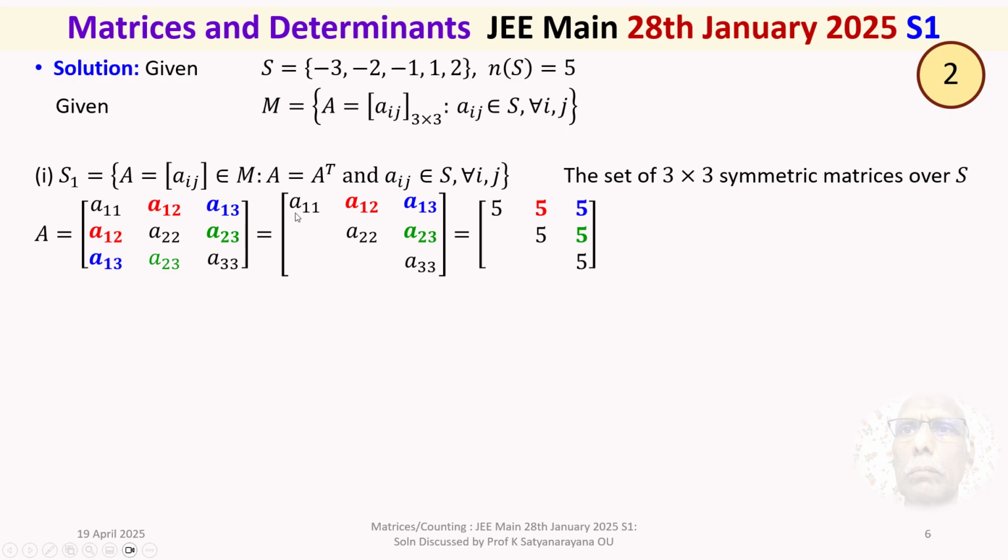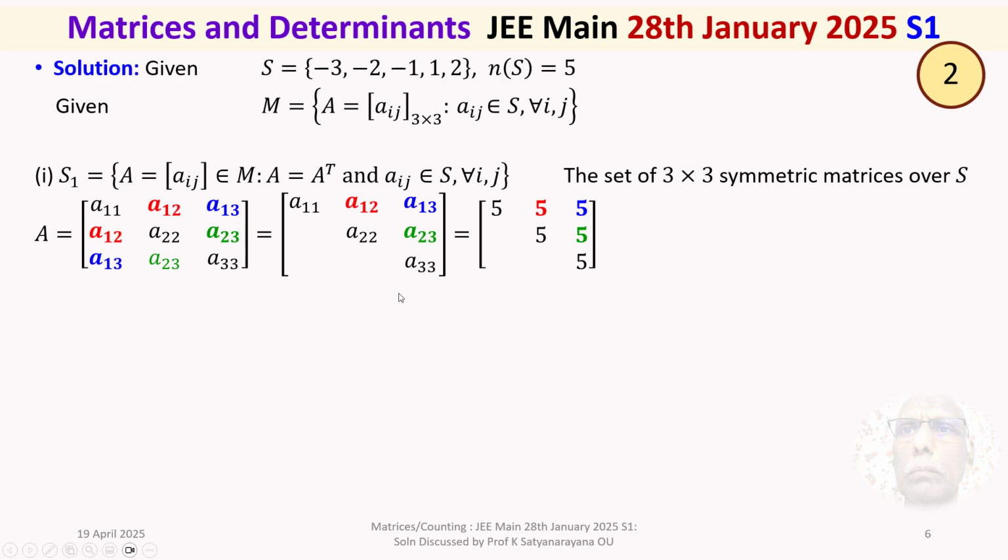So now A11 and all these entries can take any element of S. So A11 has 5 choices, A22 has 5 choices, A33 has 5 choices. So also A12, A13 and A23. So that means you are filling up 6 places with 5 elements. Use the product rule of counting.